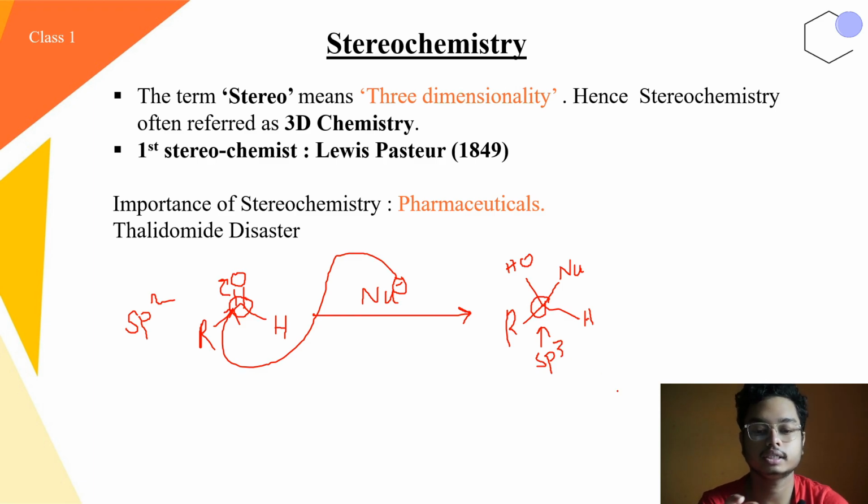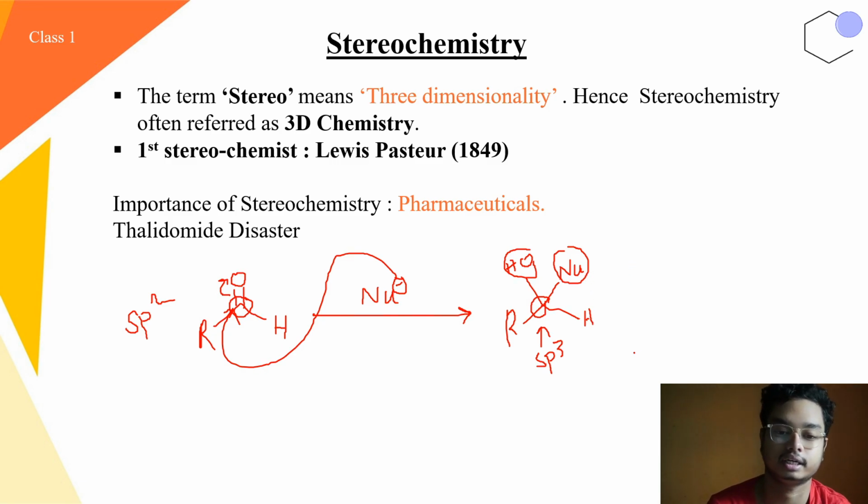So these four bonds are not supposed to be in the plane, because in an sp3 compound the bond angle is 109.28 degrees. That means either these two bonds are planar, but these two bonds are non-planar. Either it will be towards the viewer or behind the viewer, and this brings the possibility of two different structures of this molecule.